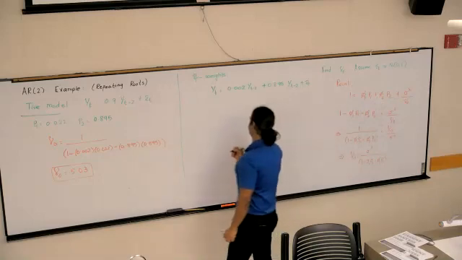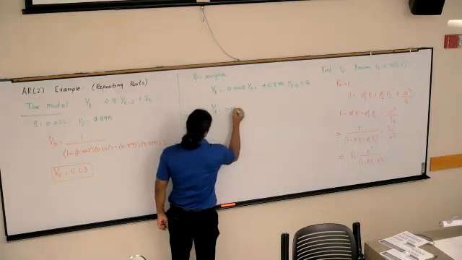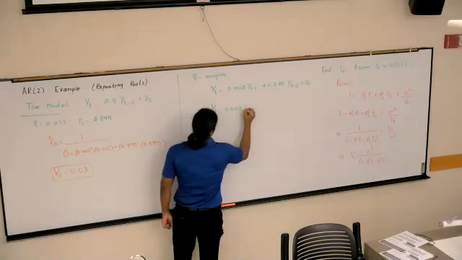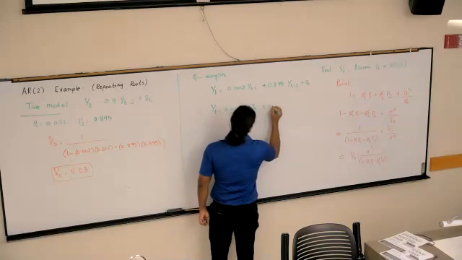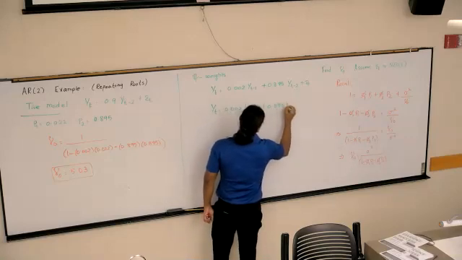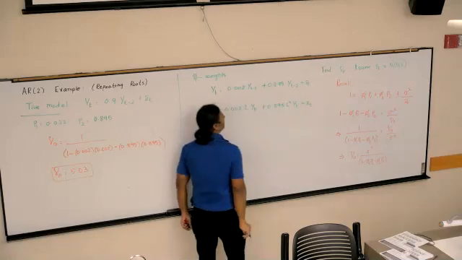So, which we can write as lag multiplied by yt, lag squared multiplied by yt, plus epsilon t.